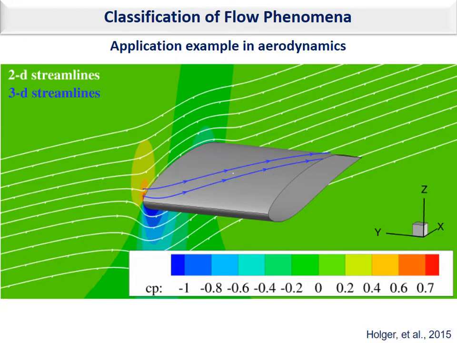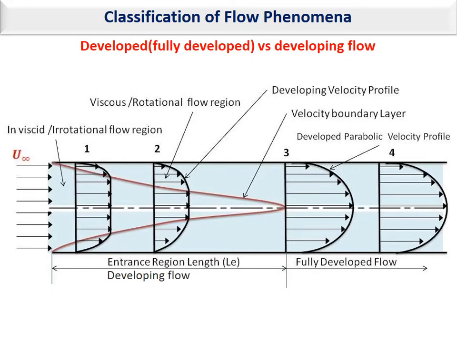Which one is the correct one? Certainly the three-dimensional one. So it's important to consider different aspects when you want to select whether the flow you want to solve may be considered as one, two, or three-dimensional flow.